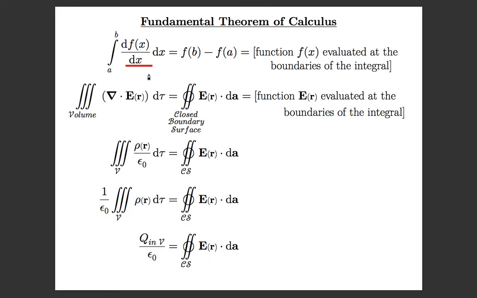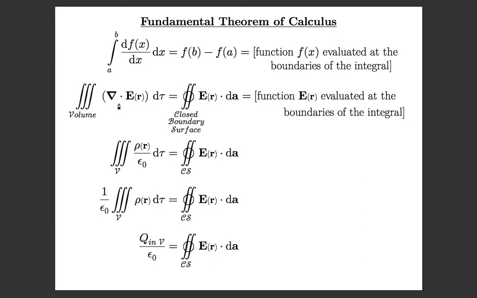So in this one-dimensional function f, we take the derivative with respect to the variable x, we then integrate with respect to x from a to b, and we get the value of f at b minus the value of f at a. So we get the function f evaluated at the boundaries. Now with the electric field, we're dealing with a function that exists in 3 dimensions.